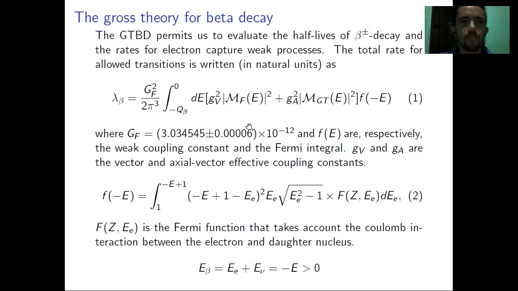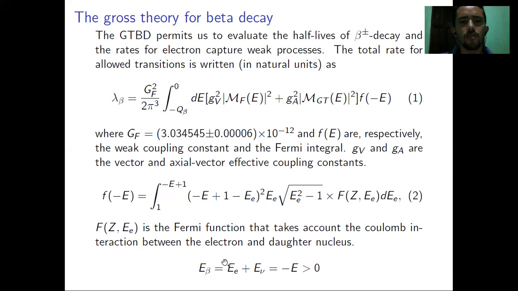So this total rate has a term here that is the k-value, that's the difference between the mass of the daughter and the father nuclei, as a function also of the Fermi integral, as you can see here in equation 2.